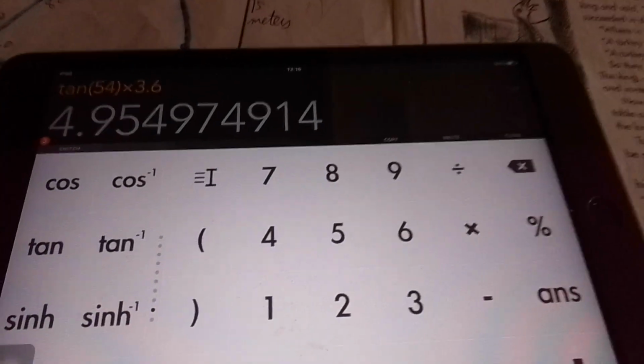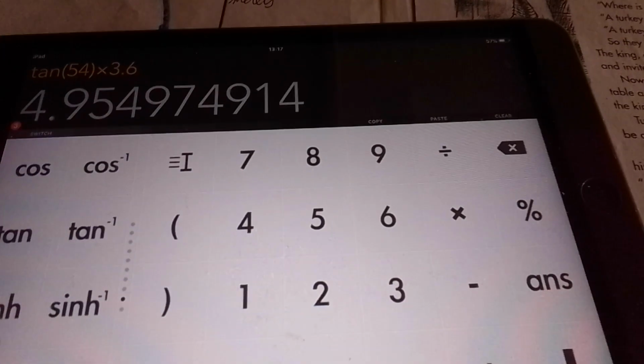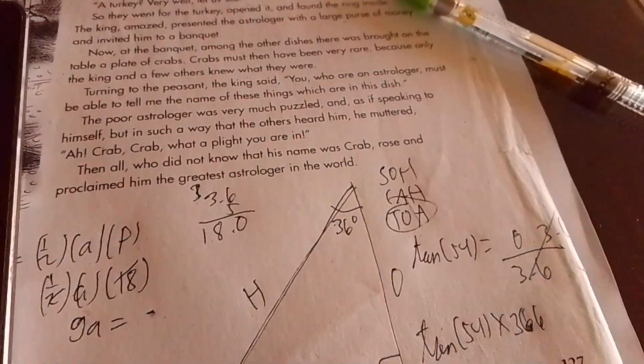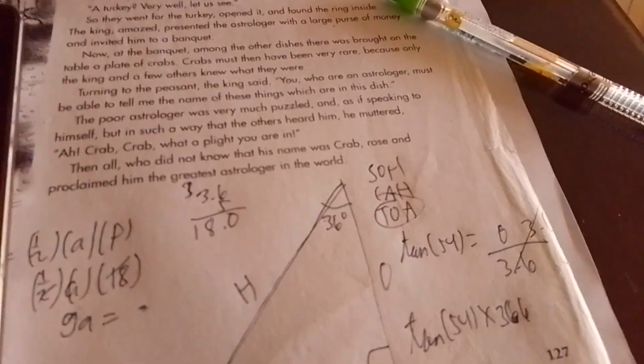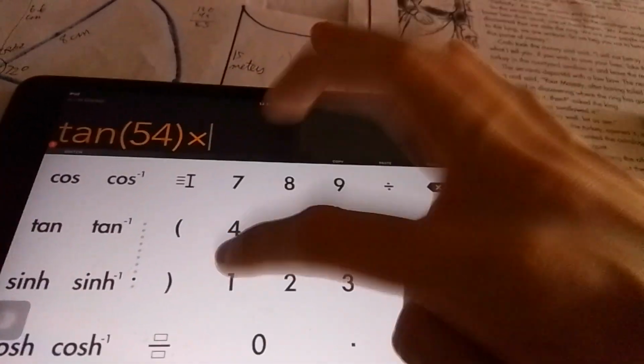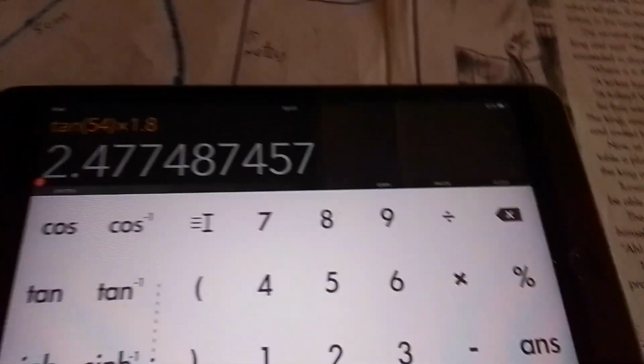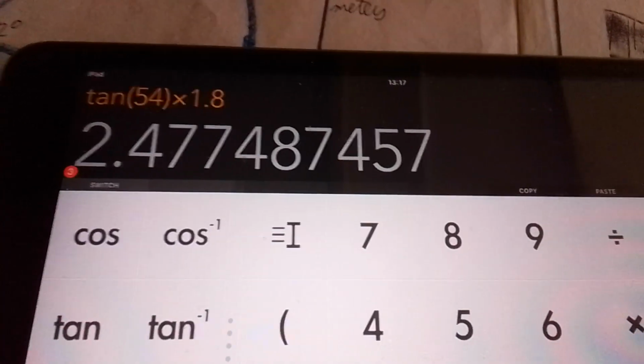What's the answer? Yes, that's our apothem. Oh yeah, I forgot. It's not 3.6, it's 1.8, because 3.6 is the long one and we're talking about the short one. So multiply both sides by 1.8, not 3.6. Sorry for that mistake. So what's the apothem?